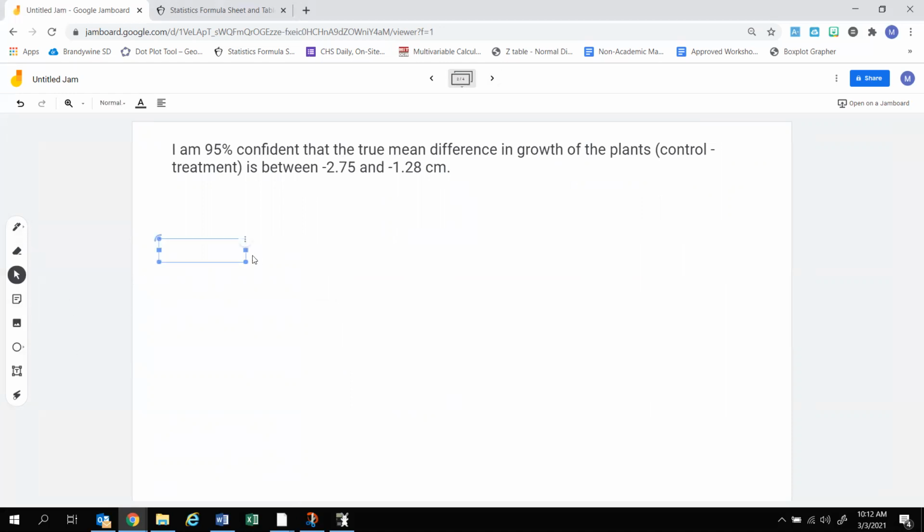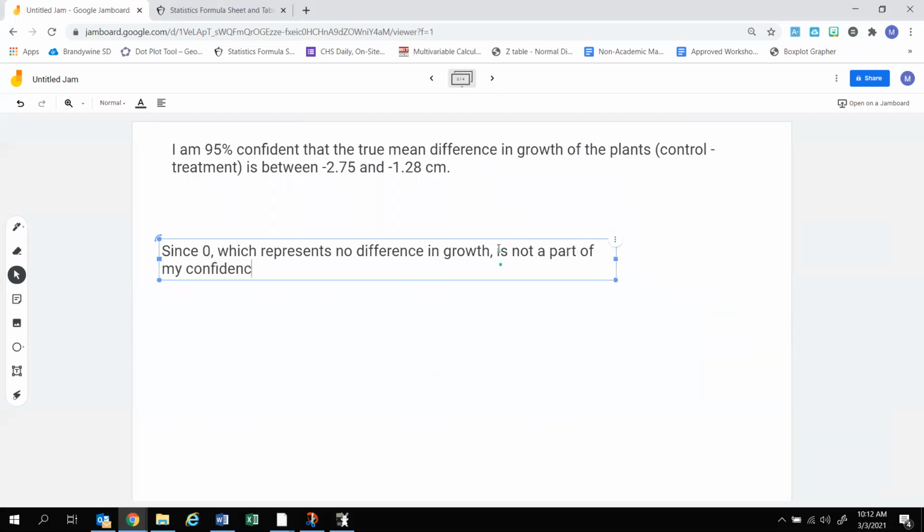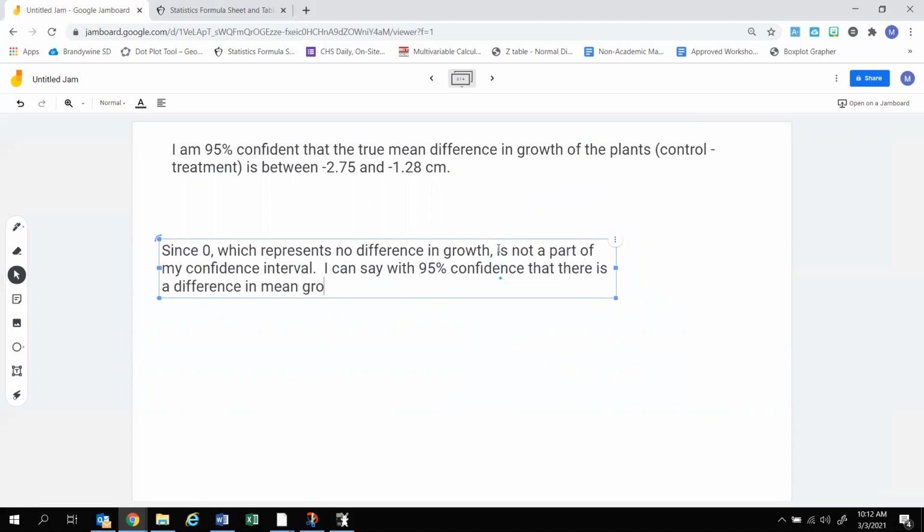So what we're going to say here is, since 0, which represents no difference in growth, is not a part of my confidence interval, I can say with 95% confidence that there is a difference in mean growth of the plants, control versus treatment.